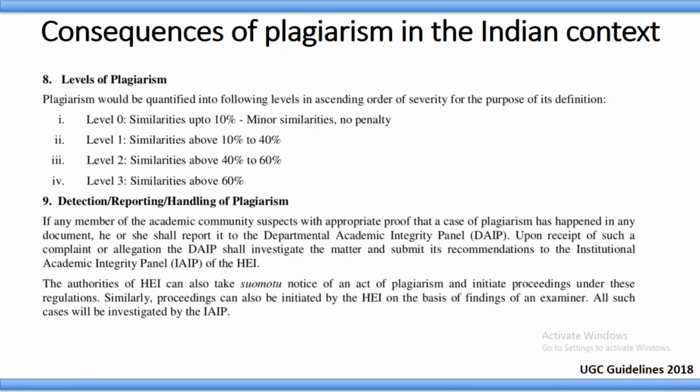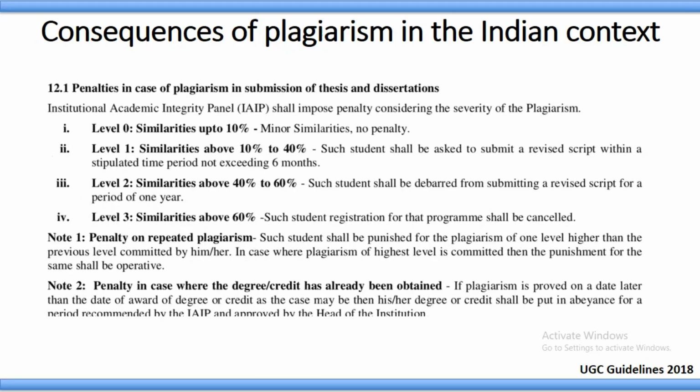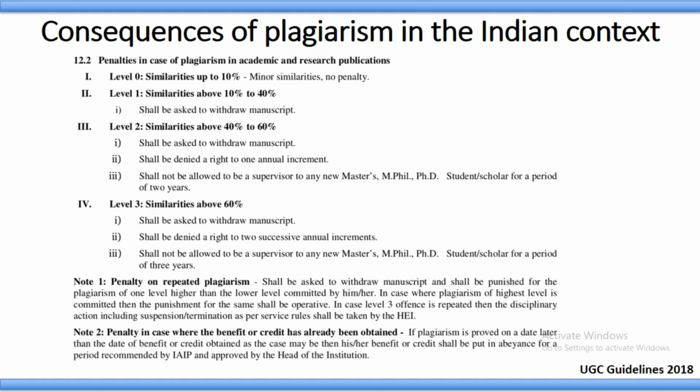Again, ideally, this should be a judgment based on what portion is judged to be plagiarized, but they have recommended the punishments based on similarity. Particularly, similarity in areas other than the methods is looked at very seriously, and the students' thesis submission may be delayed, or their registration for the program may be cancelled, and similar penalties are also available for faculty.